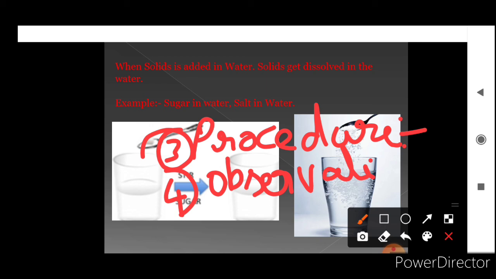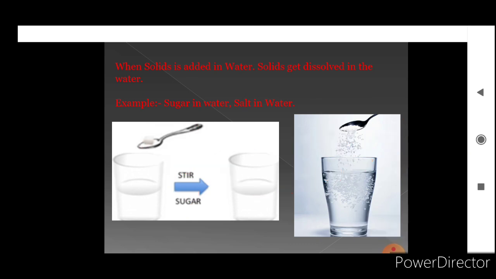And along with this, you also draw the diagram as I showed in the image. So, I want these three diagrams along with three activities in your notebooks. Solids in water, liquids in water, gases in water. Note down these three activities and draw the diagrams in front of those activities.